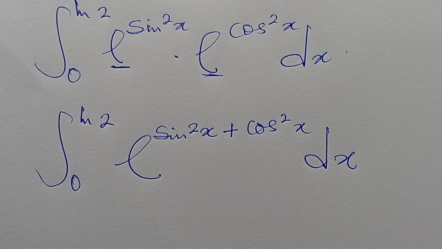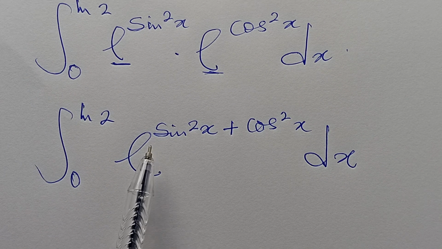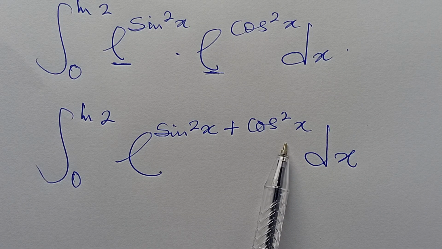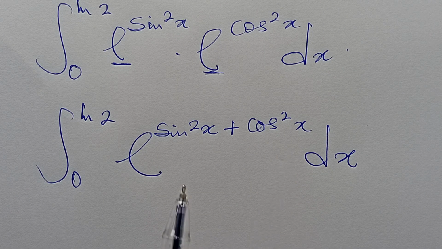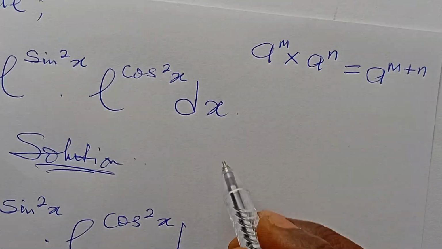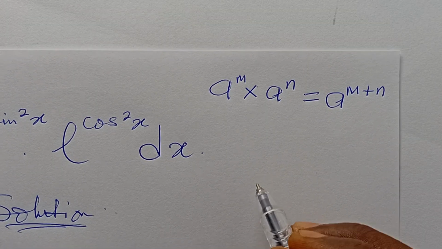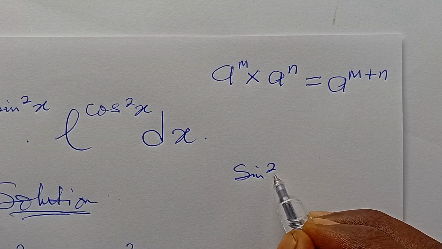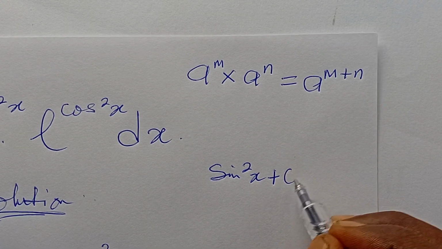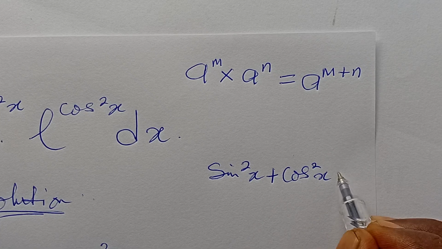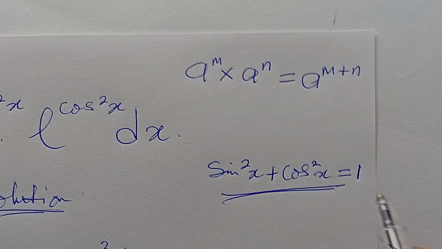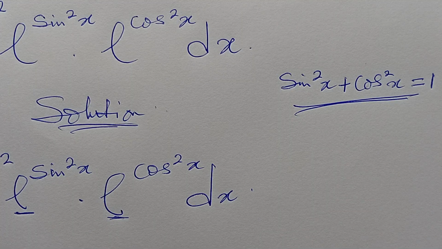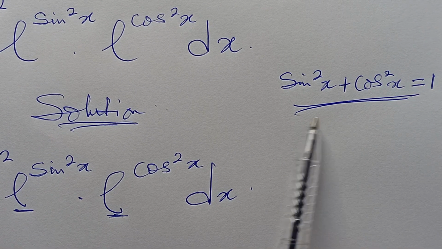If you check carefully again, you discover that we have a beautiful trig identity, which says that sine square x plus cos square x is equal to 1. This is a very special and important trig identity, one of the most important trig identities you ought to know.